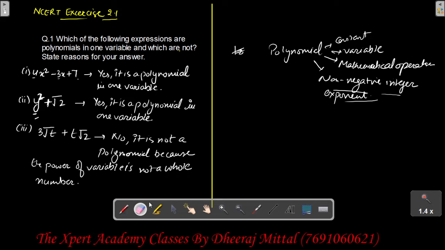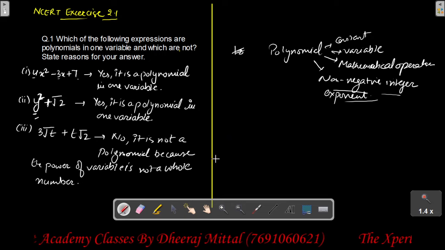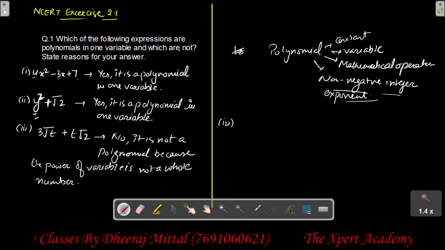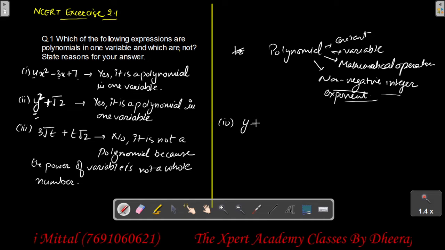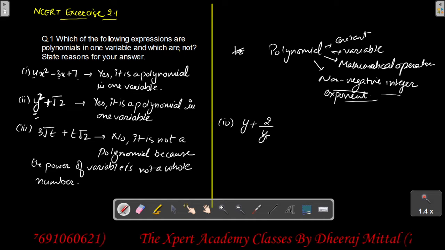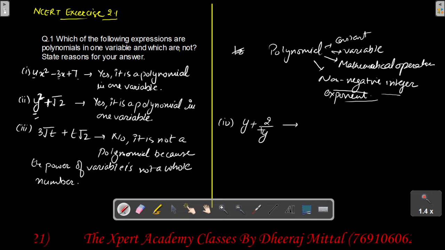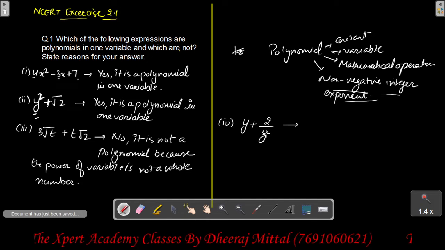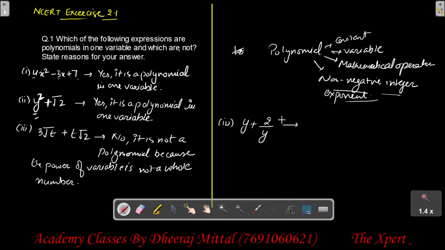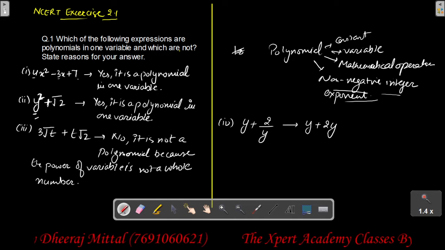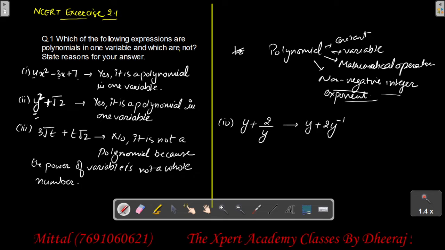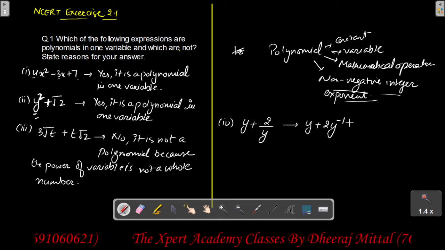Next, fourth part: y plus 2 divided by y. We all know that when a number is in the denominator and we bring it above, the power becomes negative. So it is y plus 2 into y to the power minus 1.